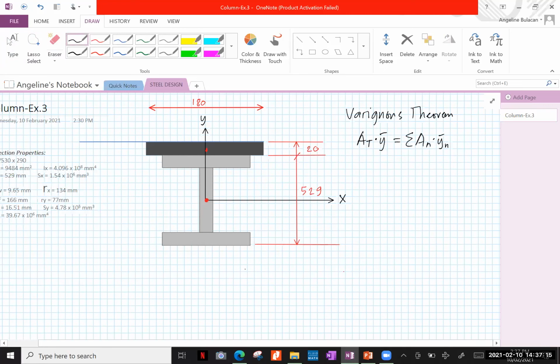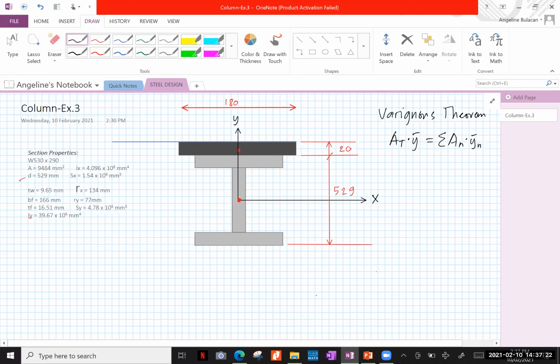So, ang area total is the area of this plate and the area of the I section. So, solve muna natin. Ang area ng plate is 180 times 20. Then, plus, ang area ng W section is 9484.